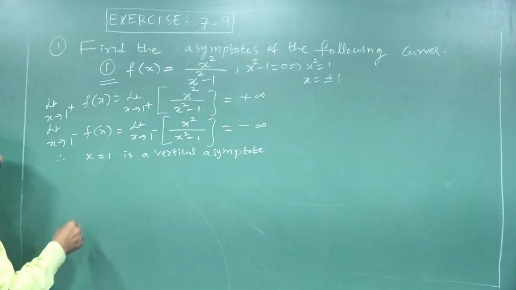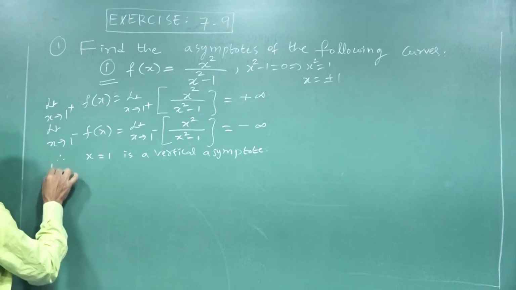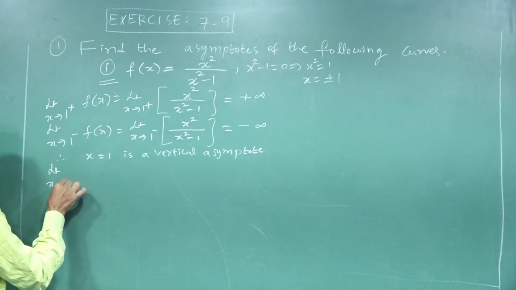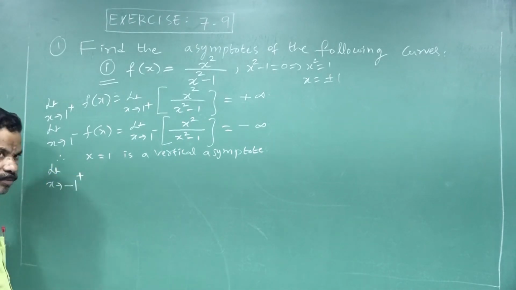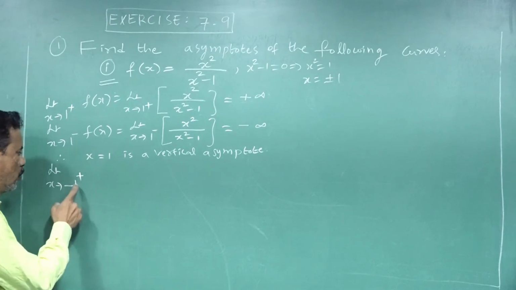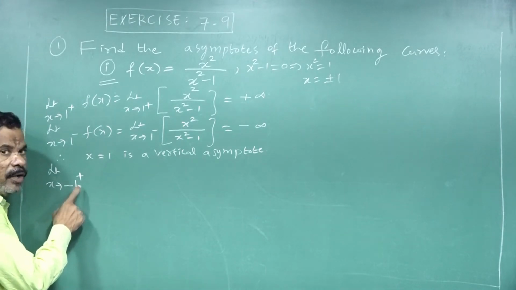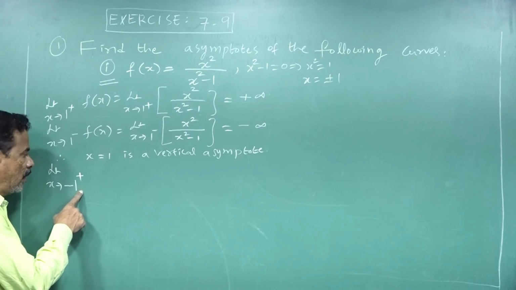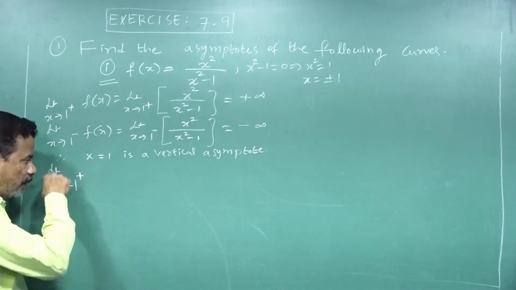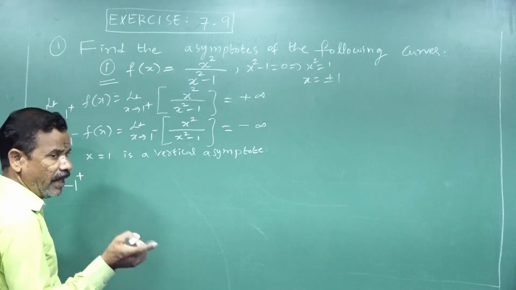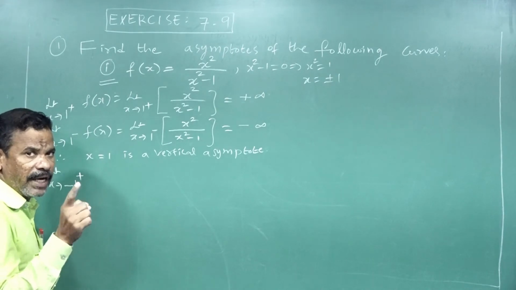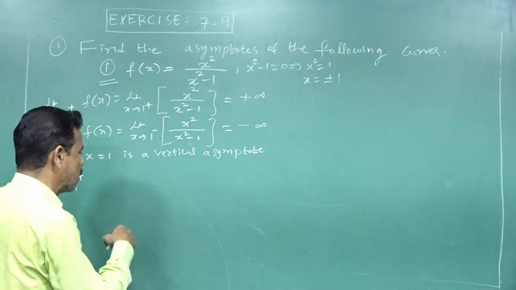After that, about minus 1. Consider the limit as x tends to minus 1 plus, for example minus 0.9. 0.9 whole square is 0.81, compared to 1 it is less than 1.